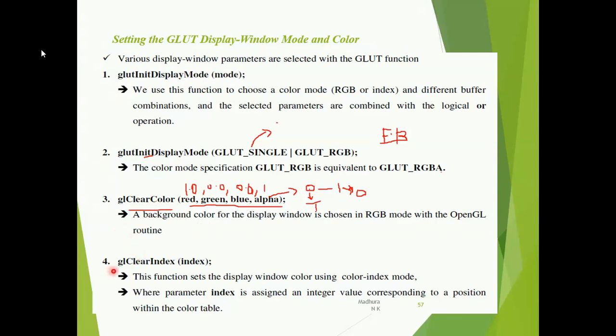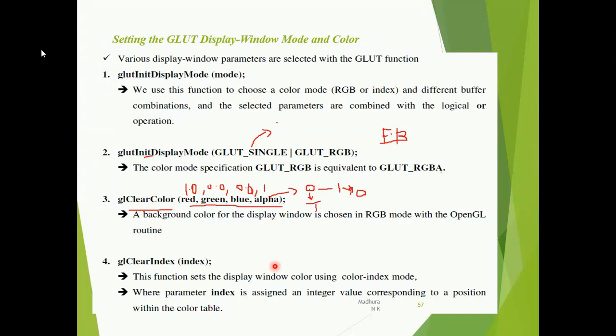And then you have glClearIndex. Inside the bracket you write index. So what is this clear index? You will have a color lookup table in your OpenGL systems. The parameter index in this function is assigned an integer value corresponding to the position within the color table.